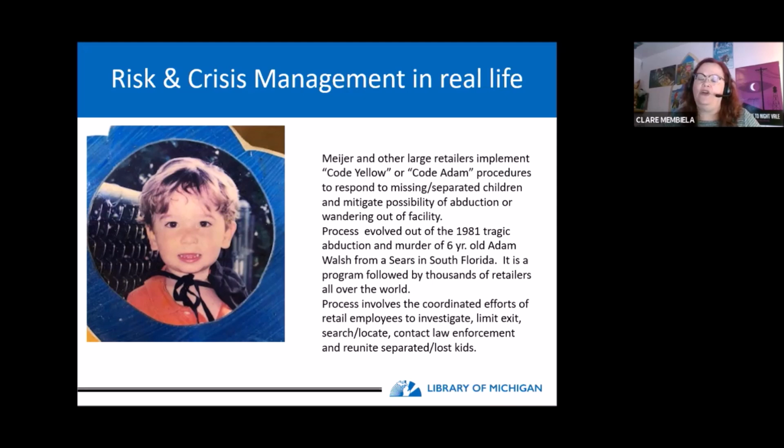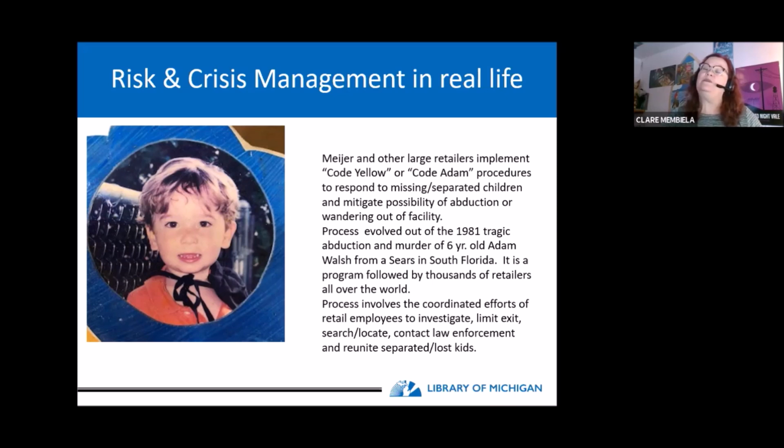And the fact that large retail stores are good places, if you are an abductor, to find kids who might be lost and separated, and you can get lost in the crowd. So the stores, helped by this national nonprofit, banded together and joined in on this one process, this risk management.